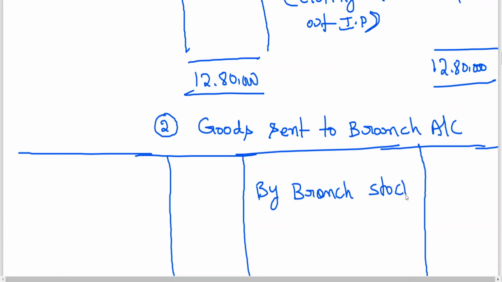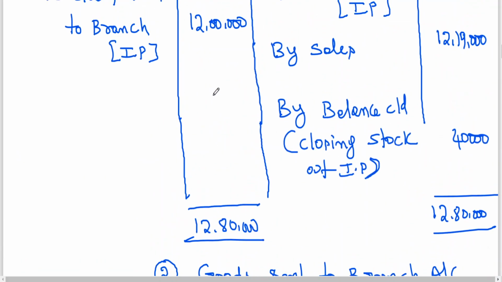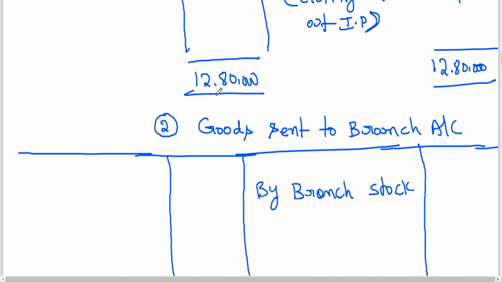Just like consignment, my dear friend, consignment to goods sent on consignment; in goods sent on consignment we use trade by consignment, but here it is branch stock we are writing. Branch stock, what is the amount? Tell me. 12 lakhs. You know how to remove the loading effect in goods sent to branch account.